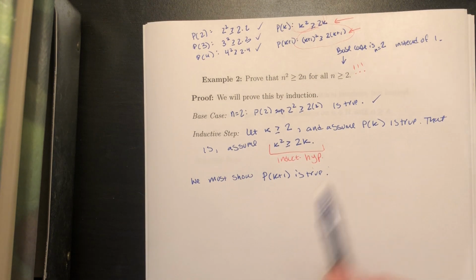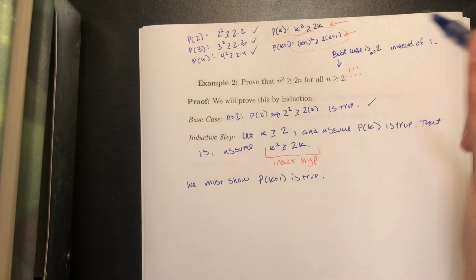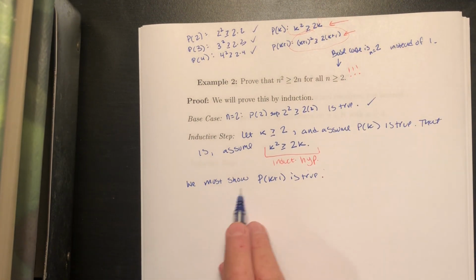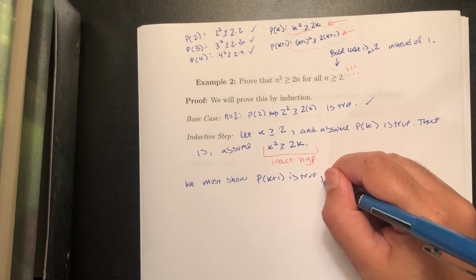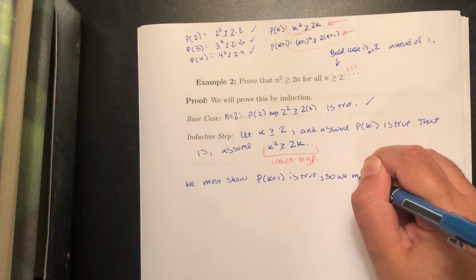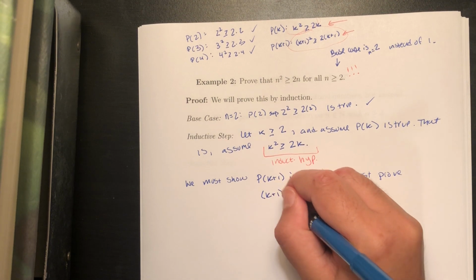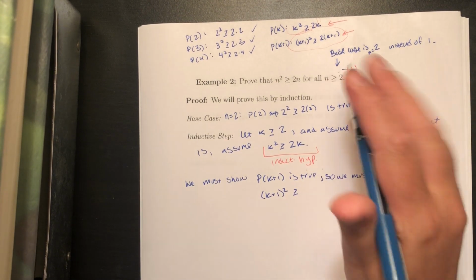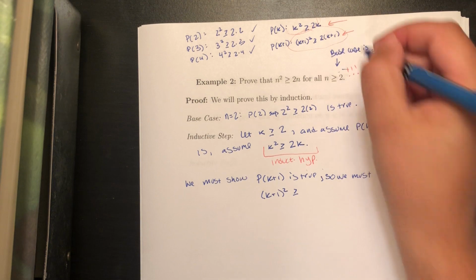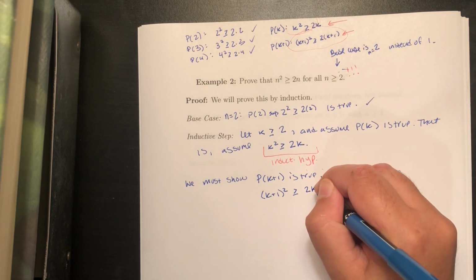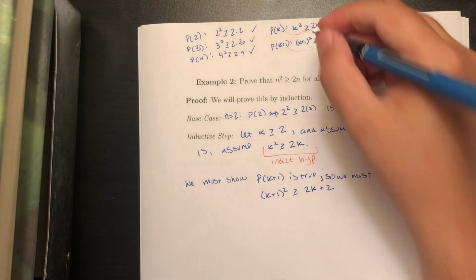Okay, so this is continuing. I hope you've paused to try it yourself. We want to show that p of k plus 1 is true, which means we must prove that k plus 1 squared is greater than or equal to 2 times k plus 1. So I'm going to rewrite that as 2k plus 2, just distributing that out.